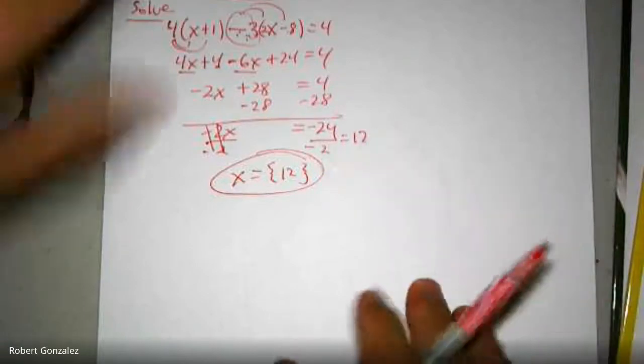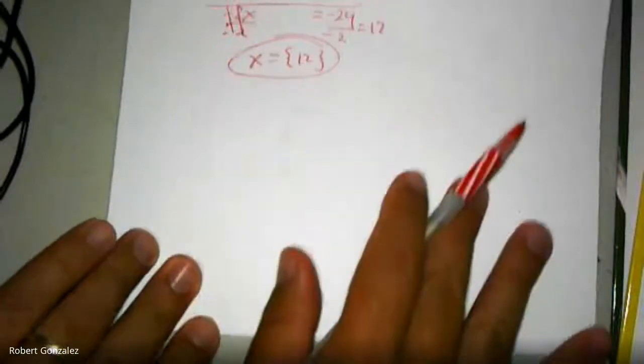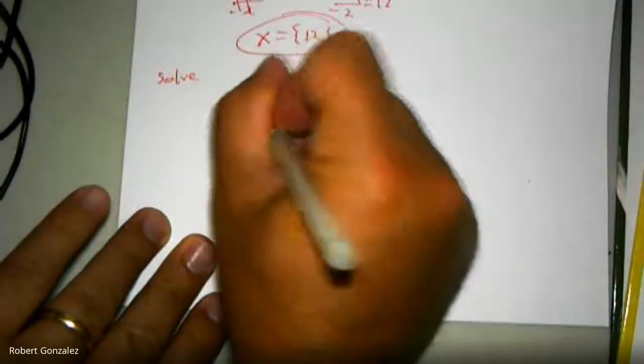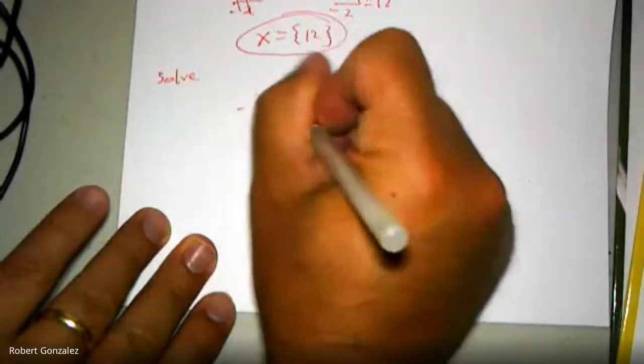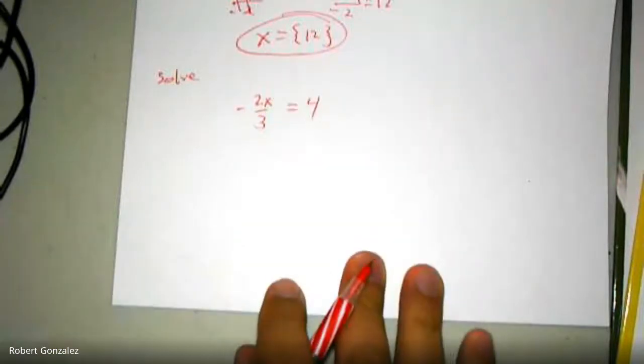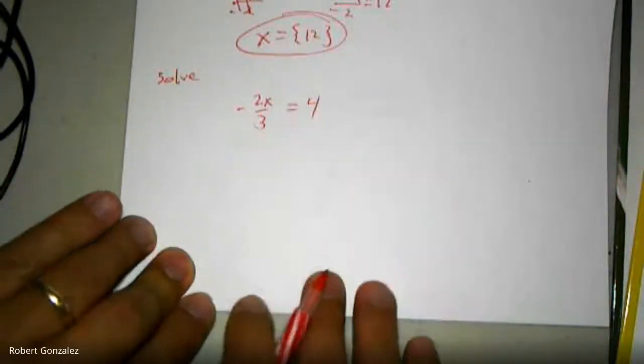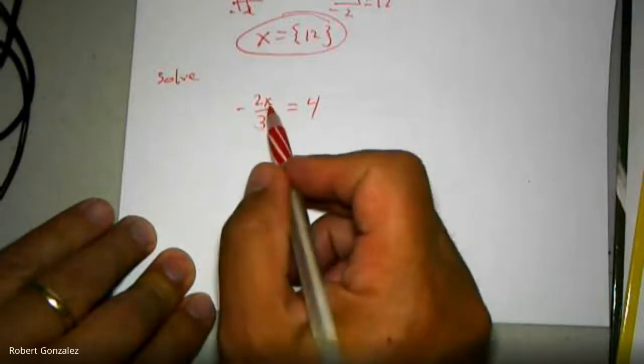Okay. Now let's get into a couple of weird situations. When I get to the last step here, I've got to get the x by itself. What if your last step looked like this? What would you do to solve for x here? It's a linear equation. X only has degree 1. I got to clean this guy.